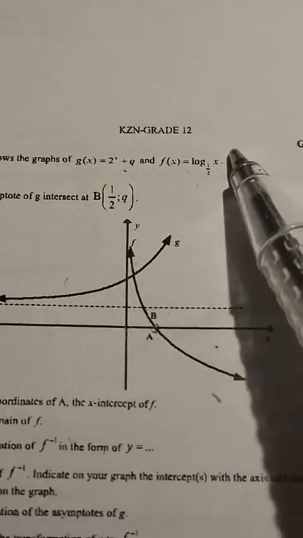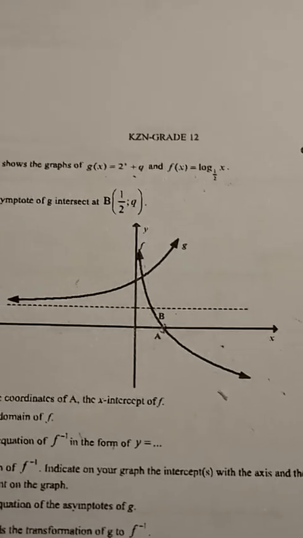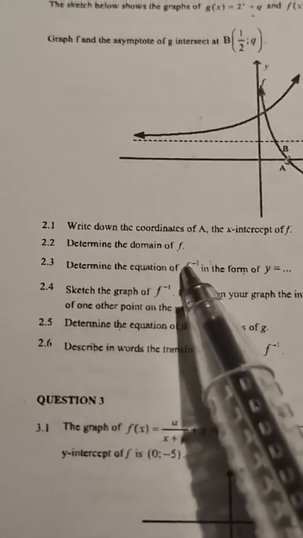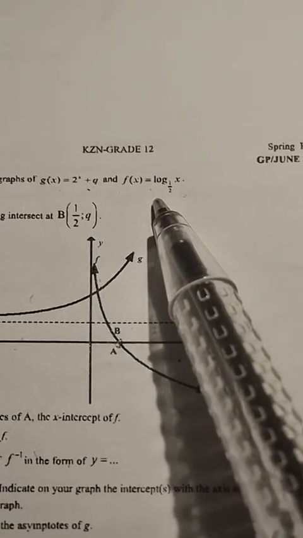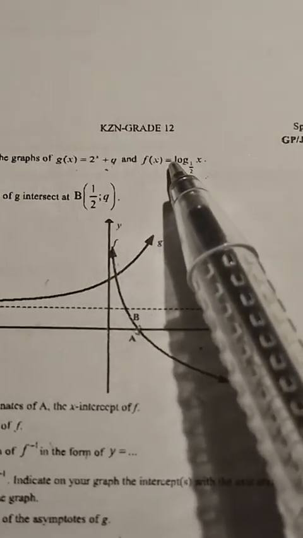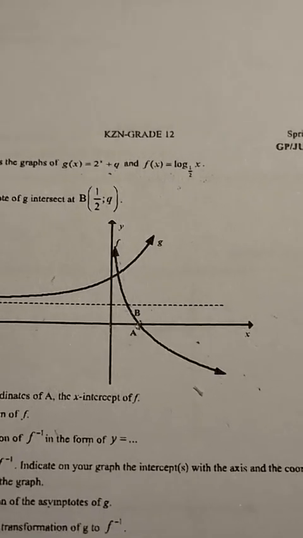So we need to convert this log form into the exponential form, because that would be the equation of the inverse of this function. If you are given the log form to express the inverse, then you know that you are going to be converting this log form into exponential form.